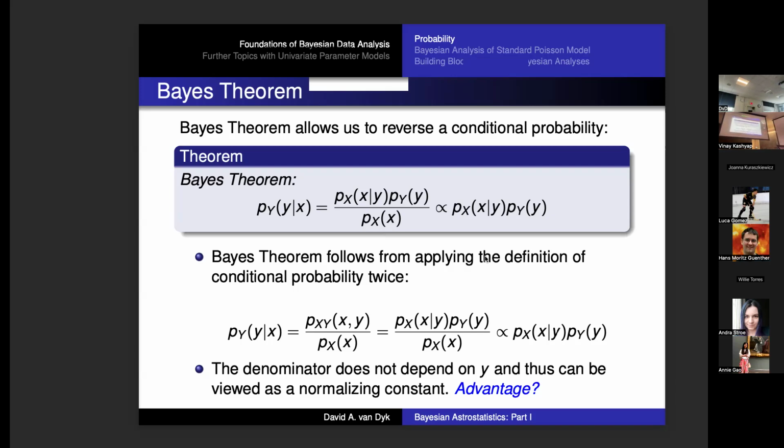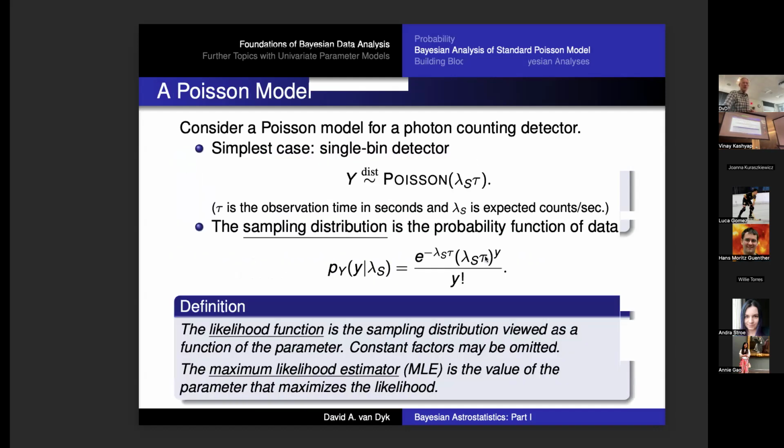And why does that turn out to be helpful? Because usually I'm going to be able to compute these two things relatively easily. And this one I get by integrating that, and I don't have to. Integrals can be tricky if you have lots of dimensions, and it's easier if you don't have to deal with those integrals. So often we'll write Bayes' theorem with a proportional sign, ignoring the denominator, because we're treating this as a function of y, and so it gives me all the information I need. We'll see how that works in a moment.